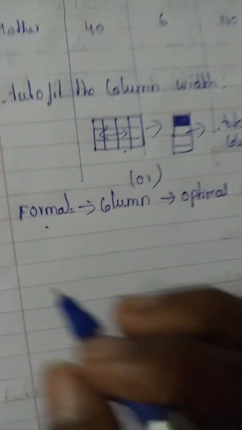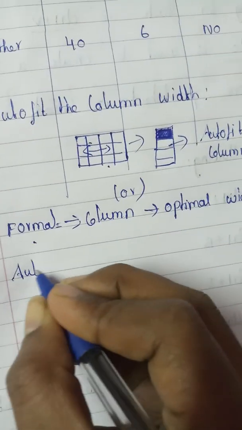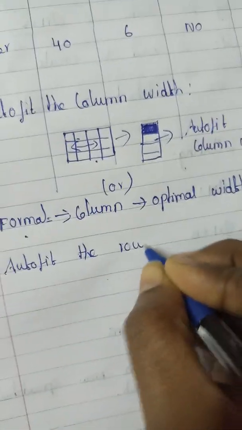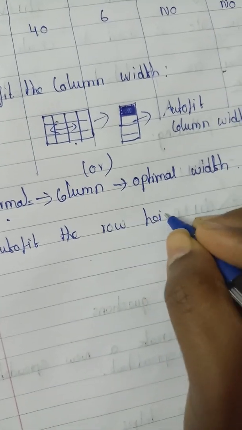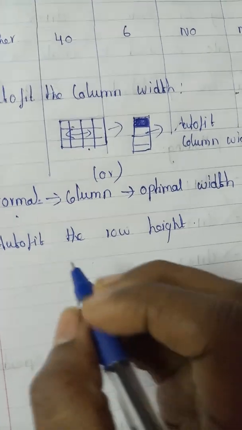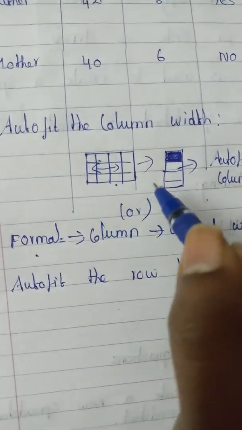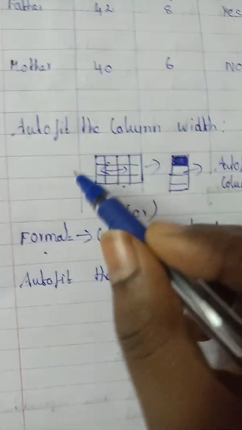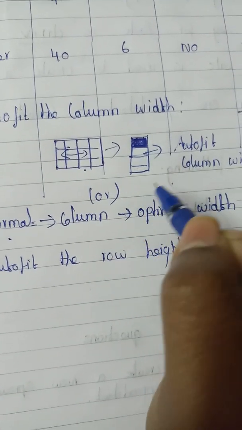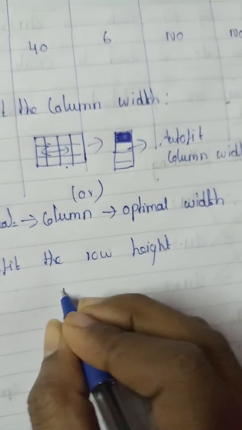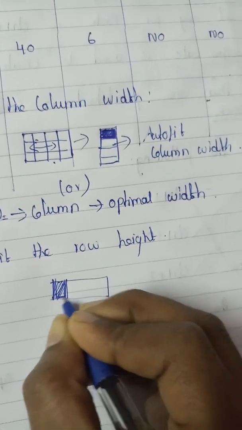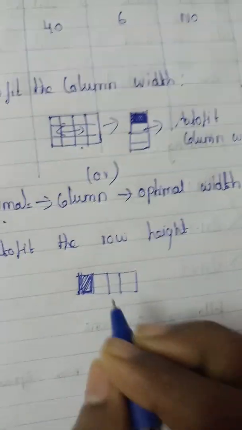And the next one is auto fit the row height. Here, in the formatting toolbar, you have the same icon, but you need not choose this icon; you need to choose this icon.